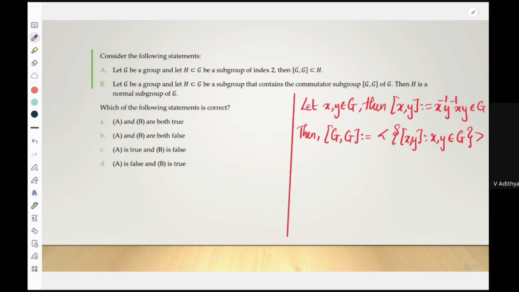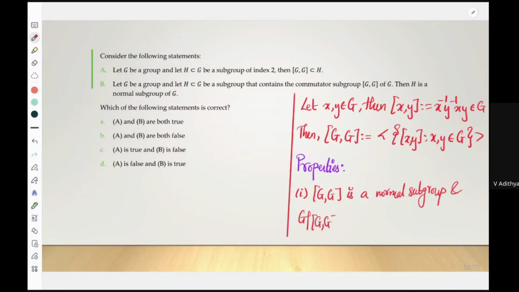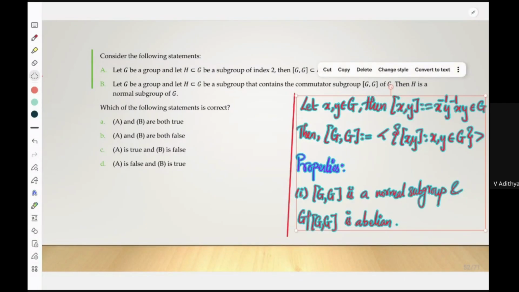So now, since you don't know, there are some properties. I don't know if we'll use these properties here, but anyways, this is a normal subgroup. And the quotient is abelian. And there is one more property which I think I might be using.